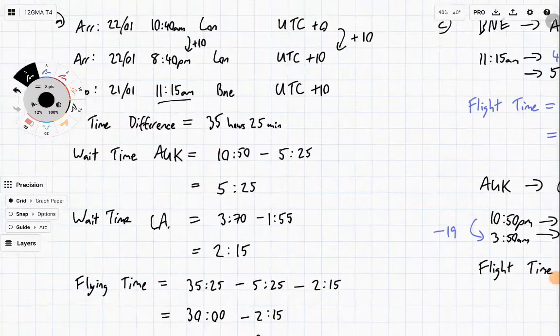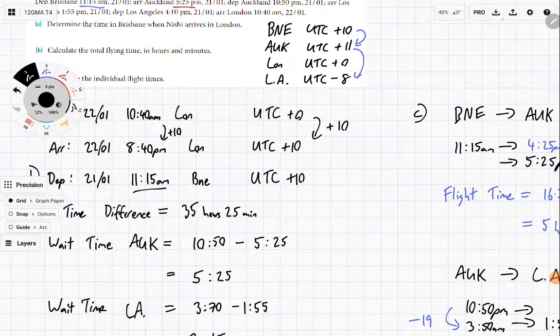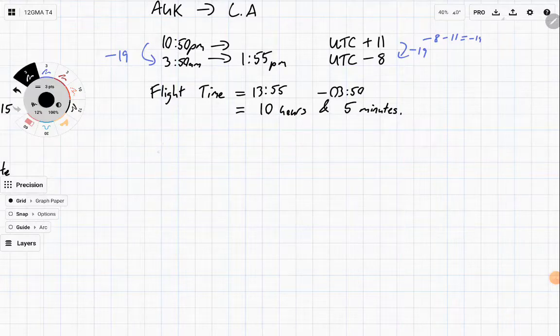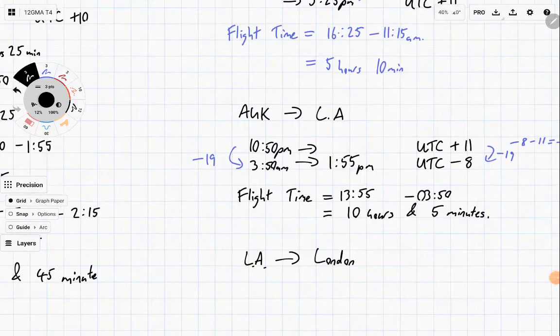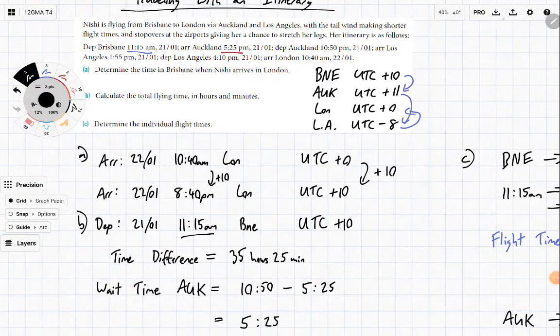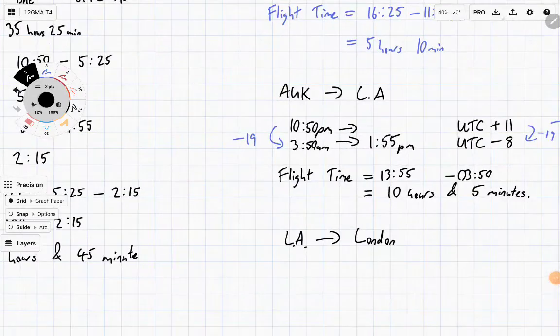Alrighty, one more flight to work out, which is the last flight. We're in LA and we need to go to London. So, last flight, LA to London. LA time, it departs at 4:10 and it arrives at 10:40.